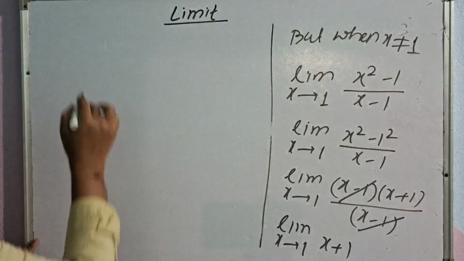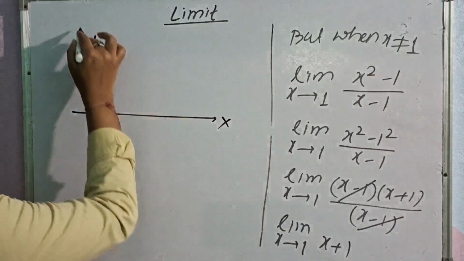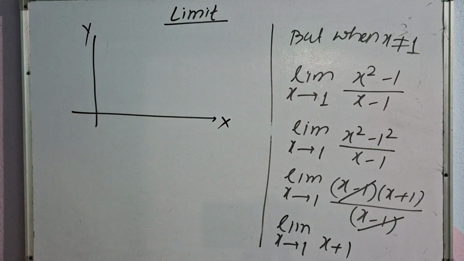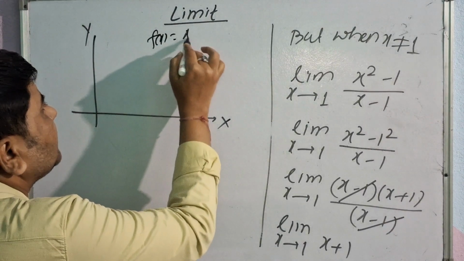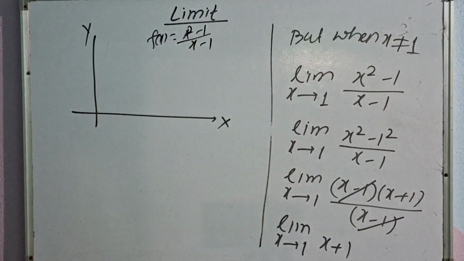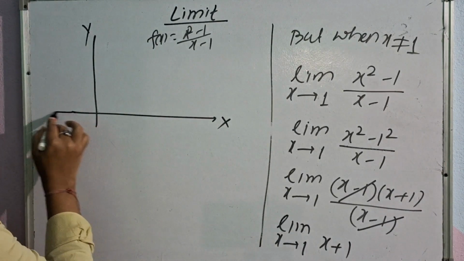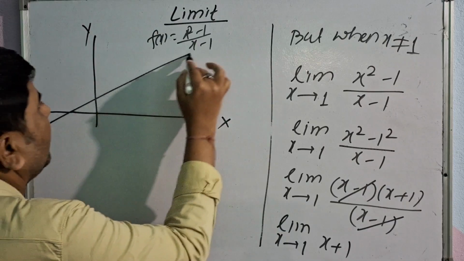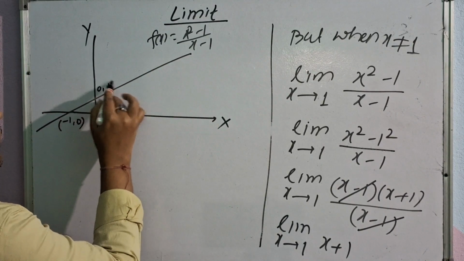Okay? Let us take x-axis, this is y-axis. Here, f(x) equal to (x square minus 1) upon (x minus 1), that is x plus 1. And the graph of x plus 1 we know passes through (minus 1, 0) and (0, 1).